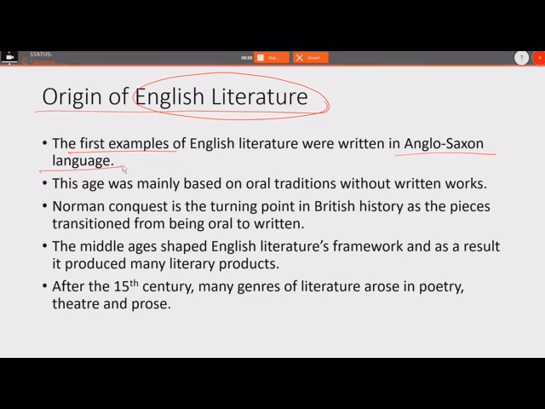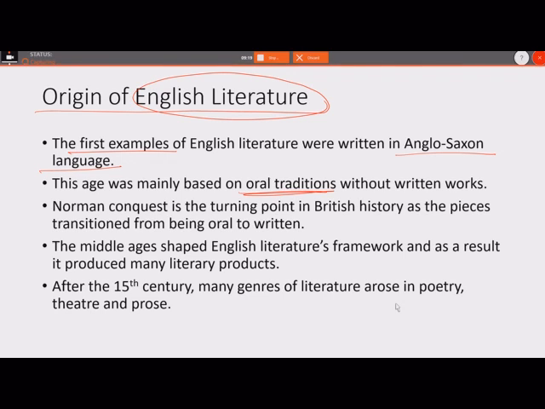Now, in this age, like all of us have an oral tradition, the Anglo-Saxons also had their oral traditions. In the Anglo-Saxon period, we see that there were not many written works, but rather this oral tradition.